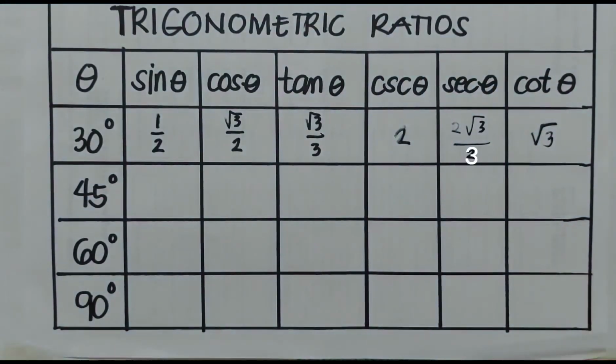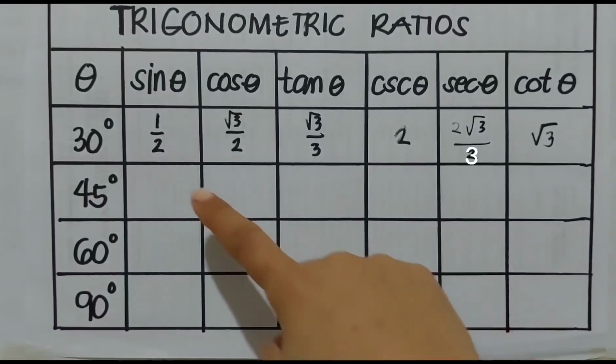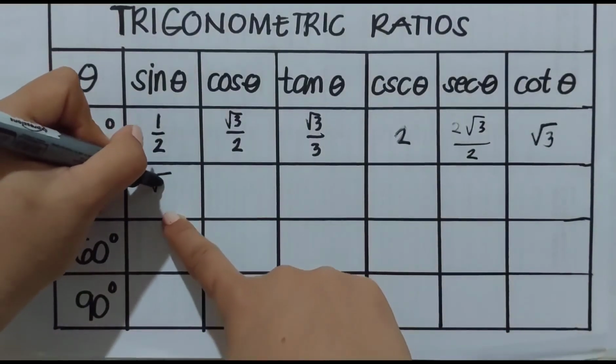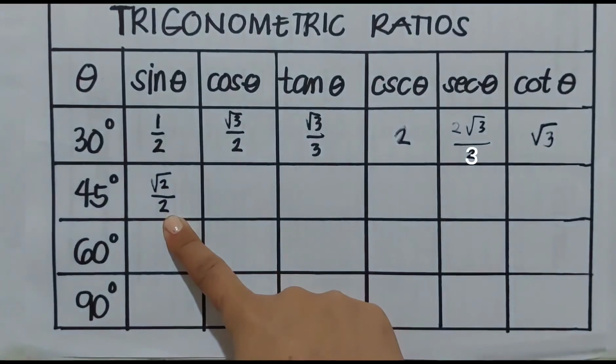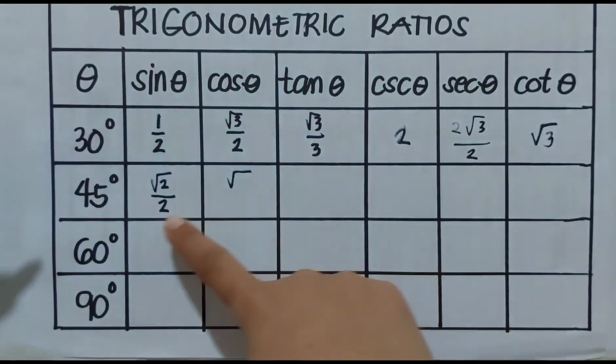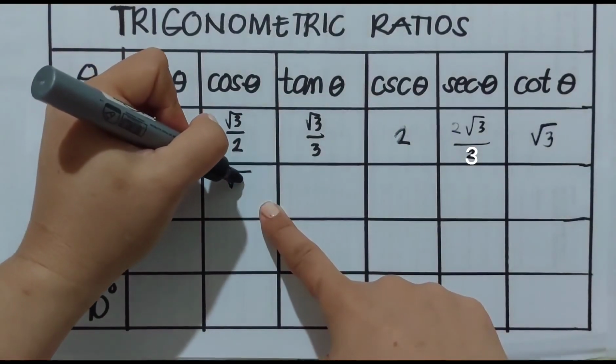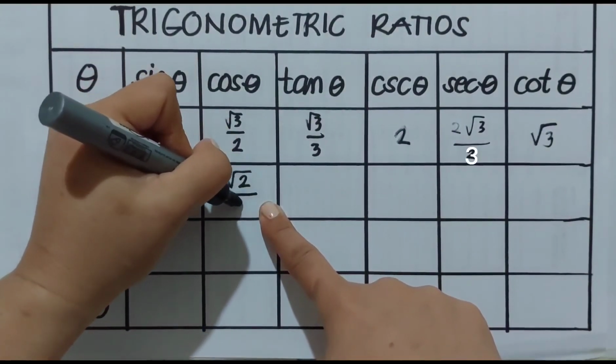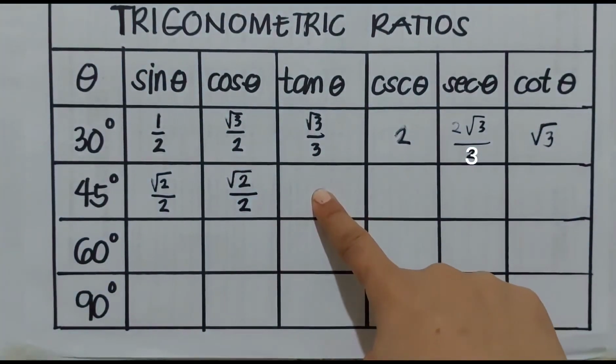Okay. What about sine 45 degrees? That is square root of 2 over 2. Cosine 45 degrees, since it is 45 degrees, the legs are equal, so the value is the same. What about tangent 45 degrees?